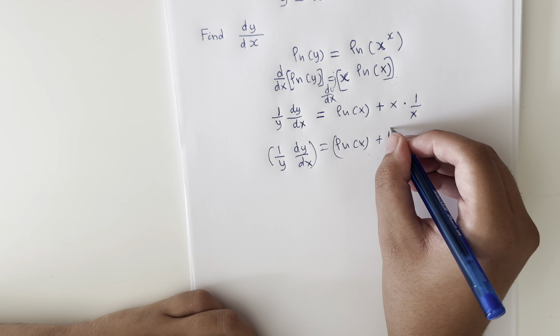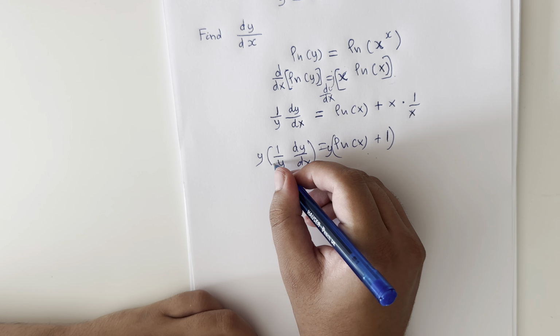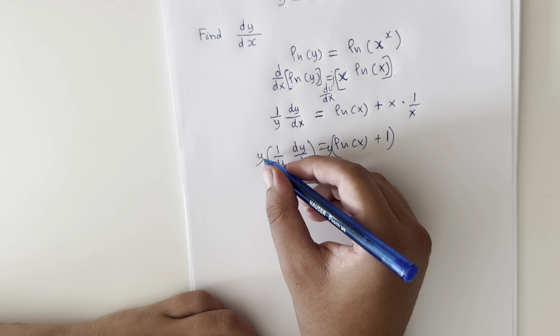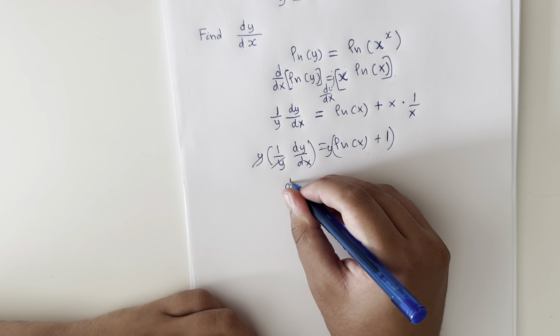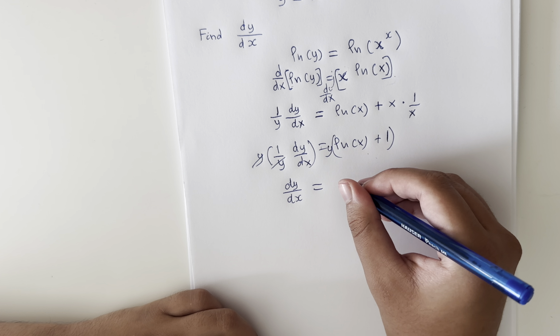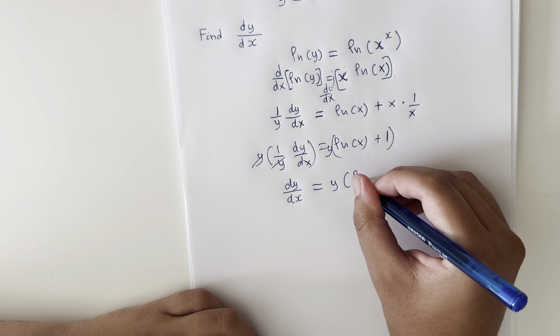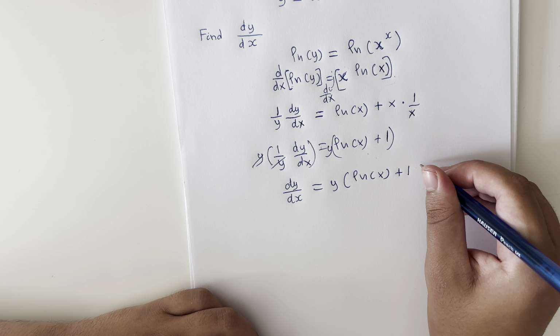So the 1 over y and this y are going to cancel each other out. So I end up with dy/dx is equal to y times the natural log of x plus 1.